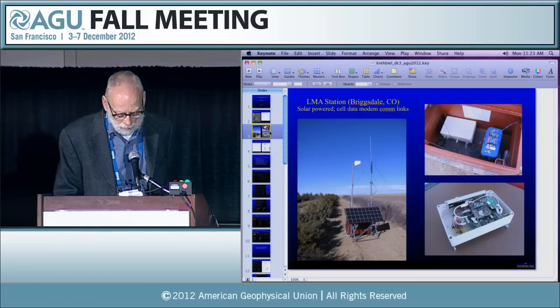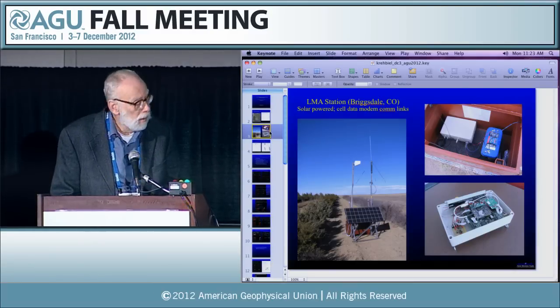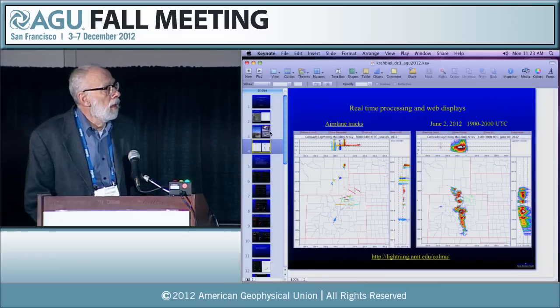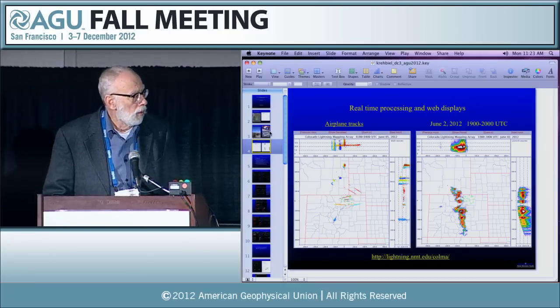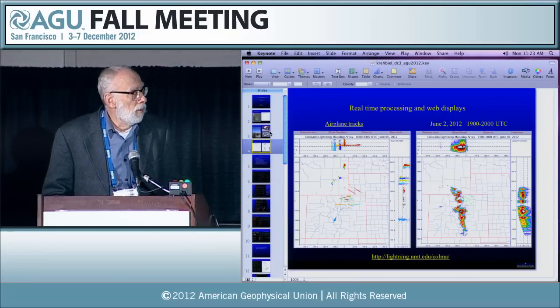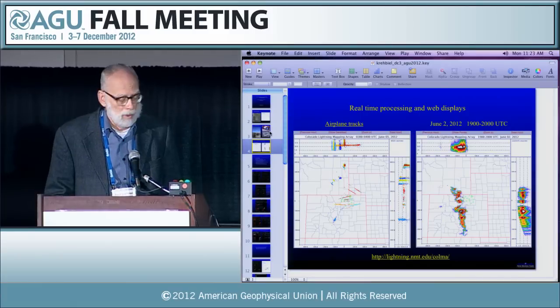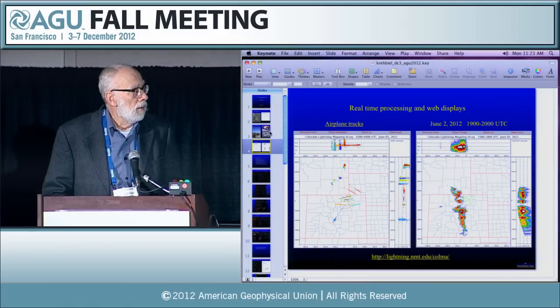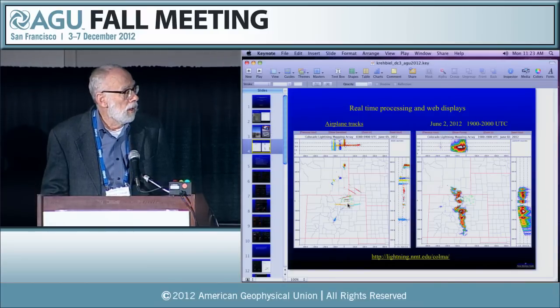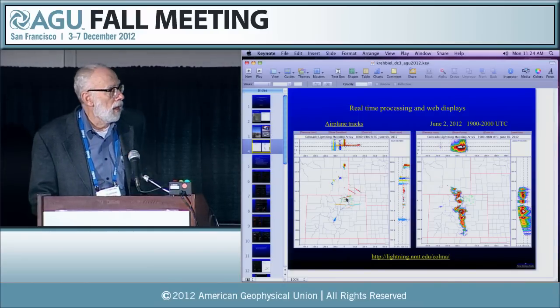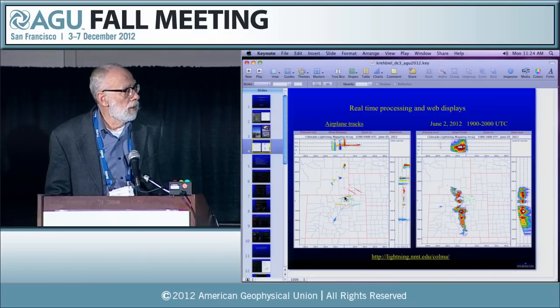Okay, the network was very sensitive because we're able to put the stations in remote locations where there's not much background VHF radiation. On the left panel here, you can see the straight lines of airplane tracks flying through cirrus clouds, which we routinely pick up with this network.